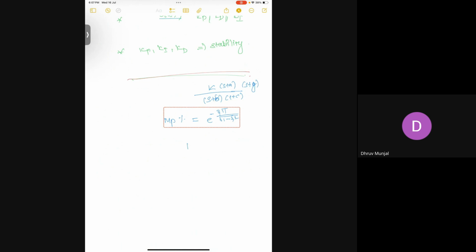So when you take a closed loop transfer function, the open loop transfer function is not going to affect it. But when you take the closed loop transfer function of this s plus g, for example, this will become s plus b into s plus c plus k into s plus a into s plus g. Now this zero in the open loop transfer function becomes a pole in the closed loop transfer function, right?